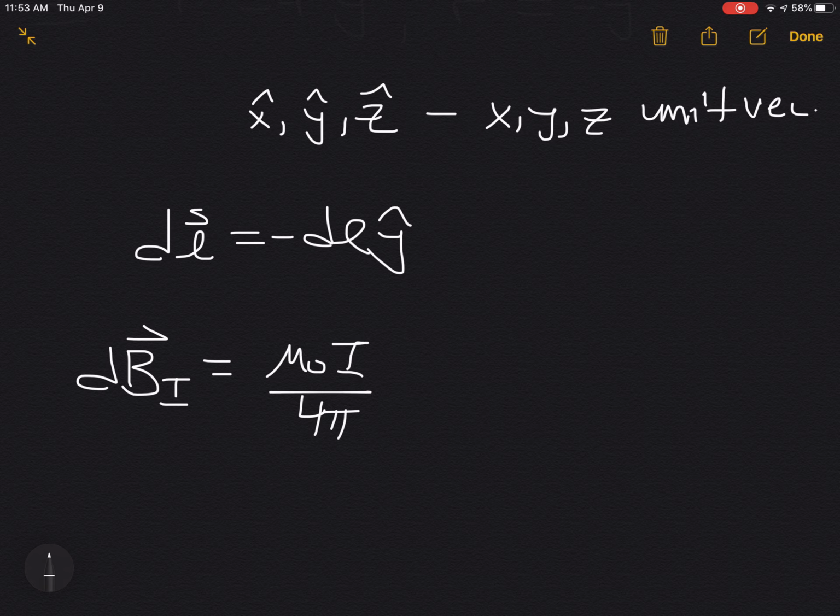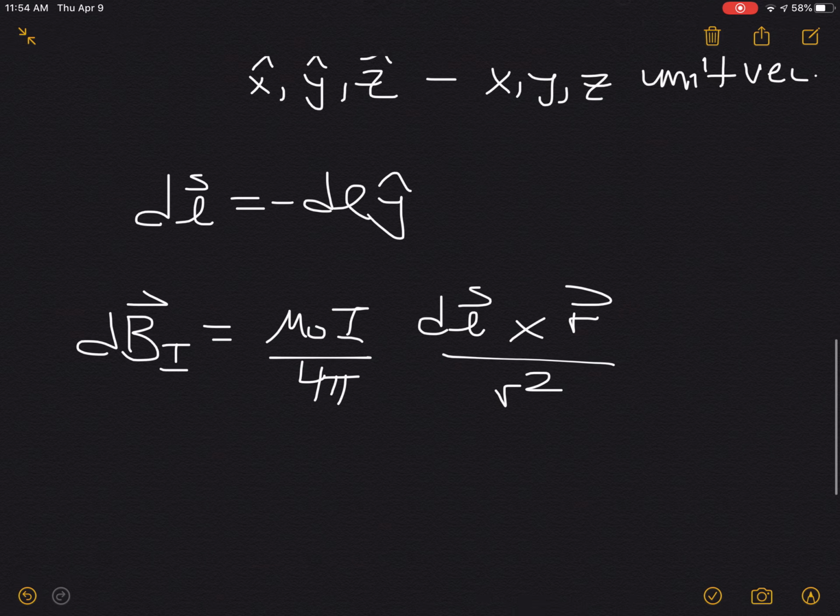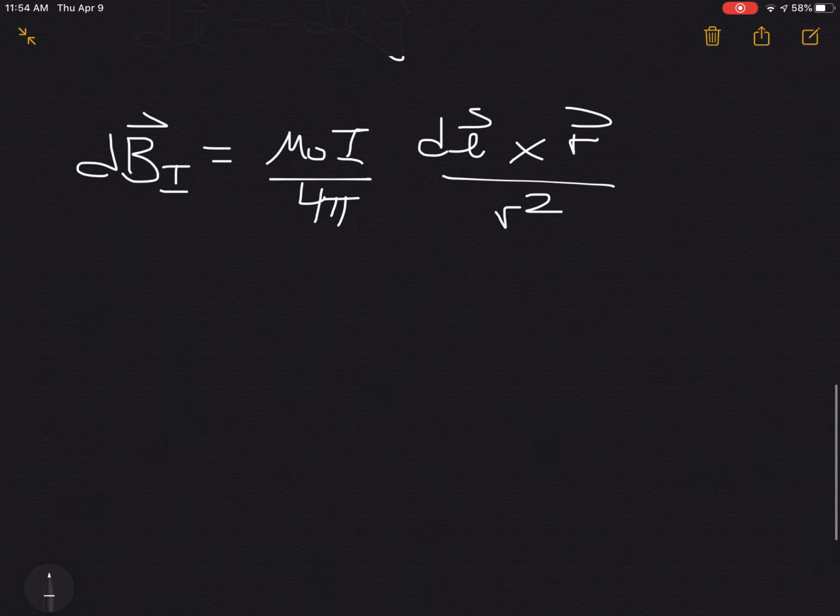This part stays the same for most of these formulas. And then you've got dl cross r over r squared. Now, in order to compute this, what we really need to do is compute dl cross r hat.